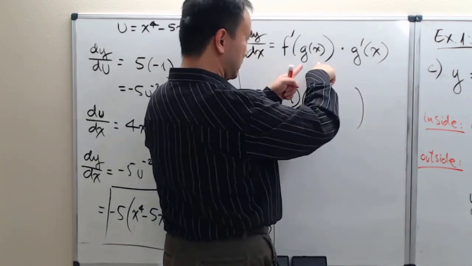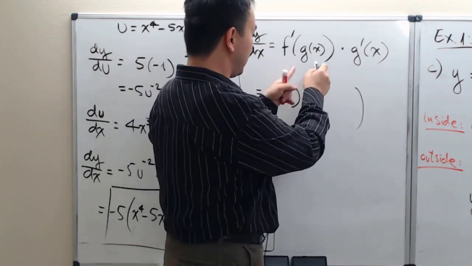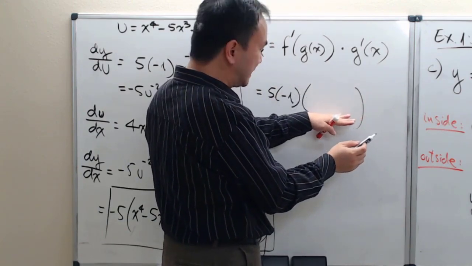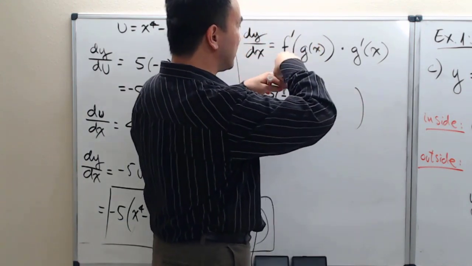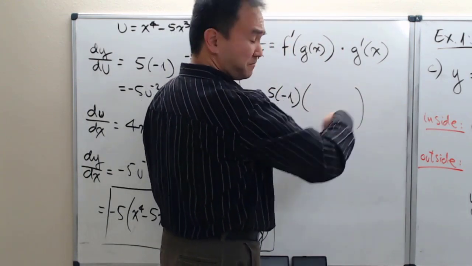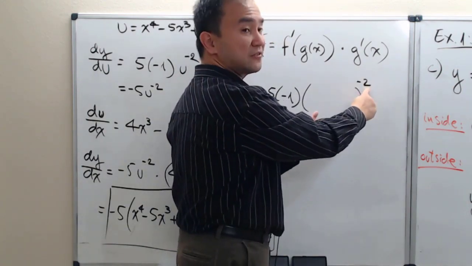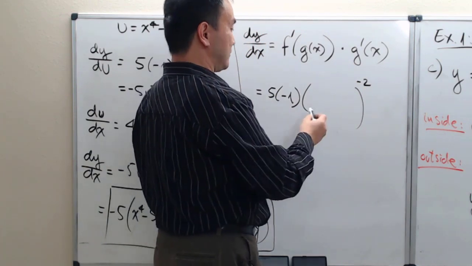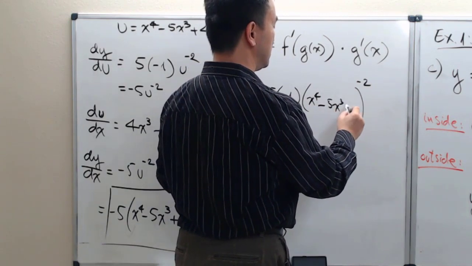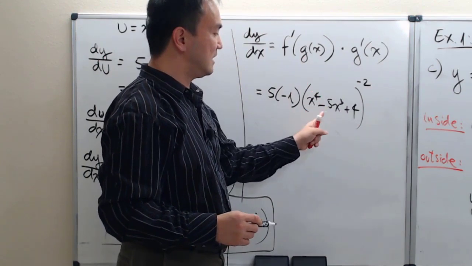But f prime at g, this indication here is strictly required, but it's kind of all in one step. In this parentheses, let me now leave that parentheses here empty. But the whole structure of f prime now is 5 times negative 1 times the input, being raised to the power negative 2, because the power is reduced, is being subtracted from 1. Okay, and so now all that x to the 4th minus 5x cubed plus 4 is being inside here. So this complete thing is f prime at g.